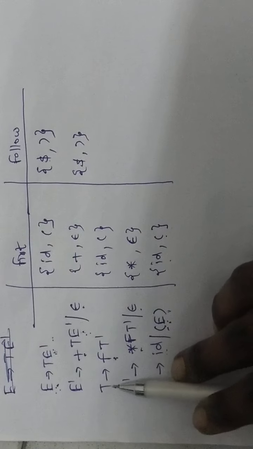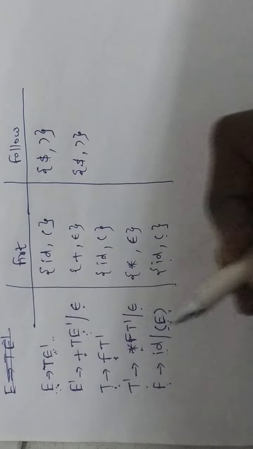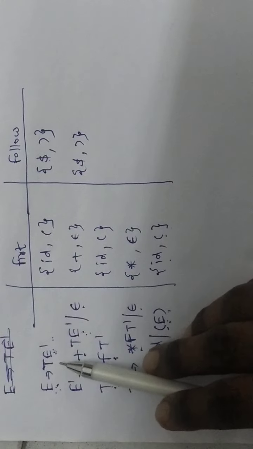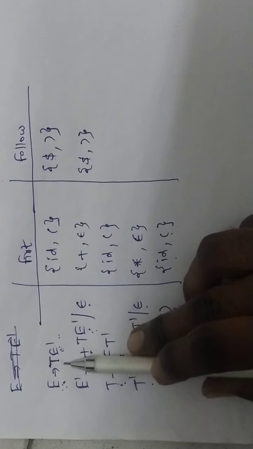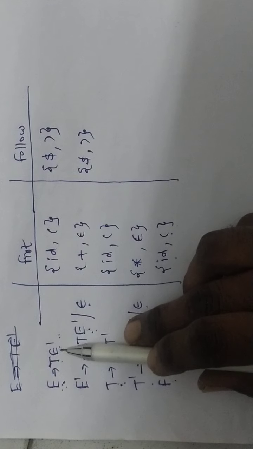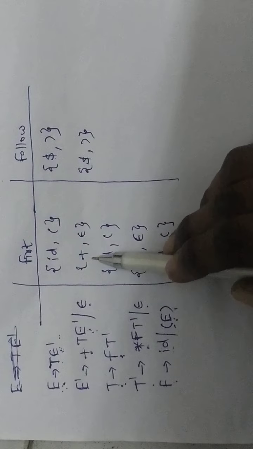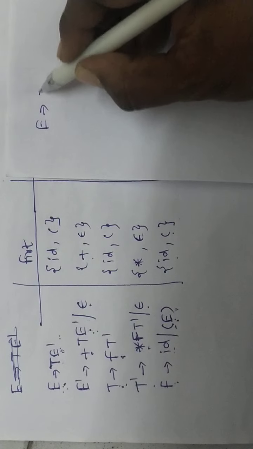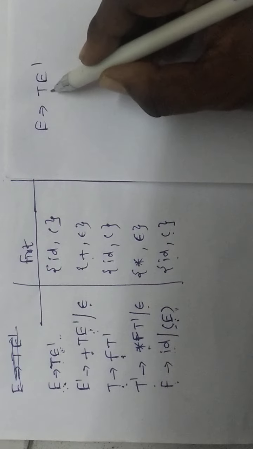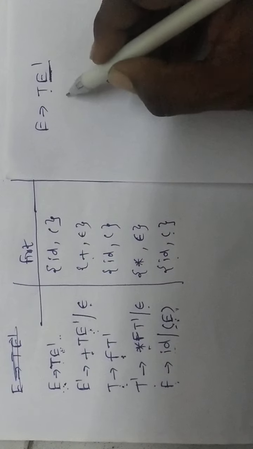Okay, now comes T. Now find out wherever the non-terminal T is present. Here it is present. Now follow of T is E dash, so we need to look for the first of E dash. What is first of E dash? Plus and epsilon. When you look at E implies T E dash, follow of T is a non-terminal, so we look at the first of E dash.